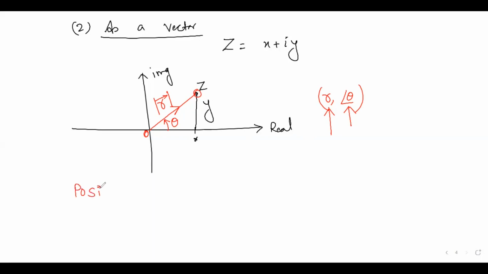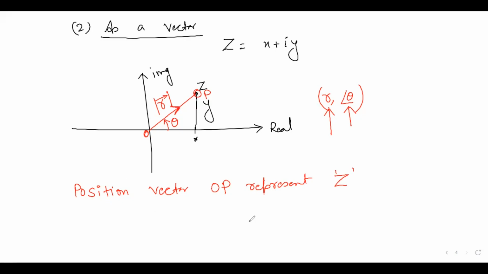Here we can say the position vector OZ, or we can say its name is point P. So the position vector OP represents the complex number z, right? So this is the vector form.